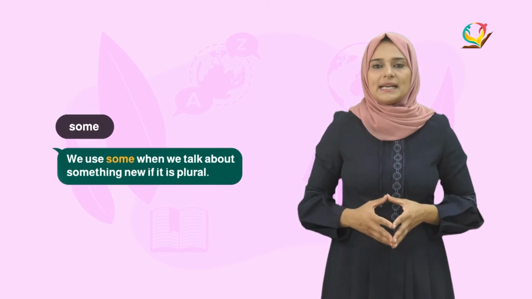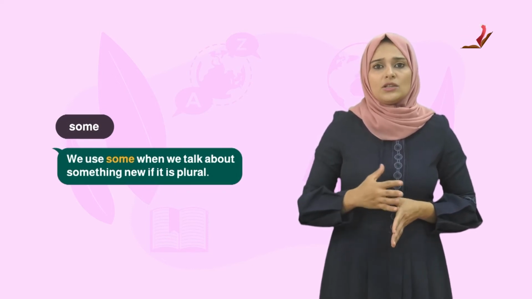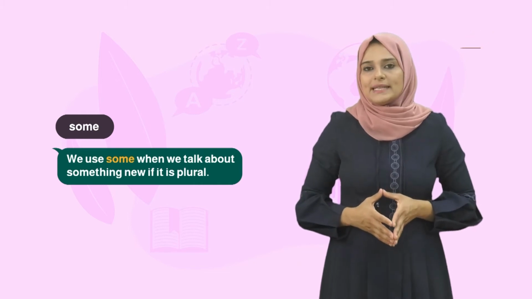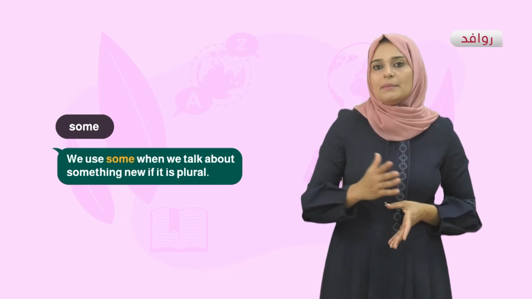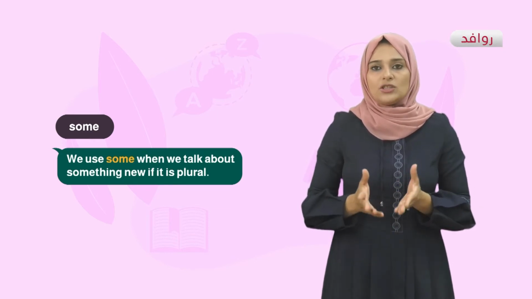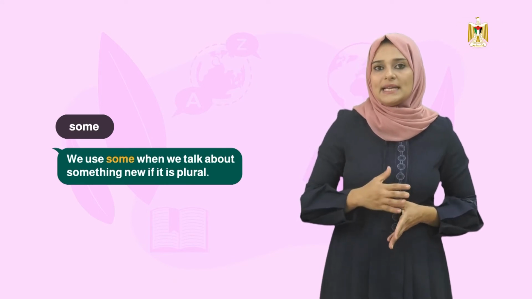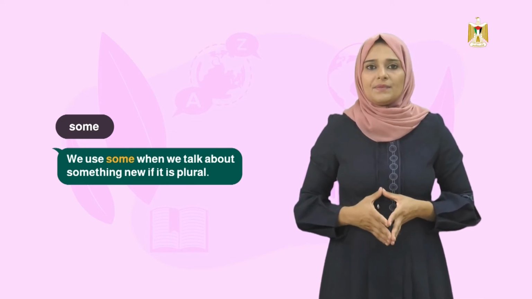We use some with the plural things that are new to the listener. We say some, just like in the example we said, I saw some rabbits. We say some rabbits.